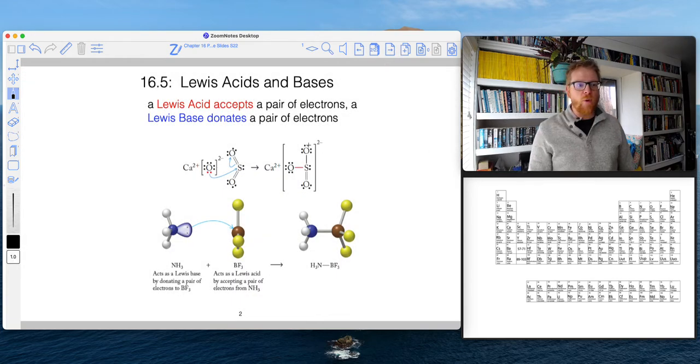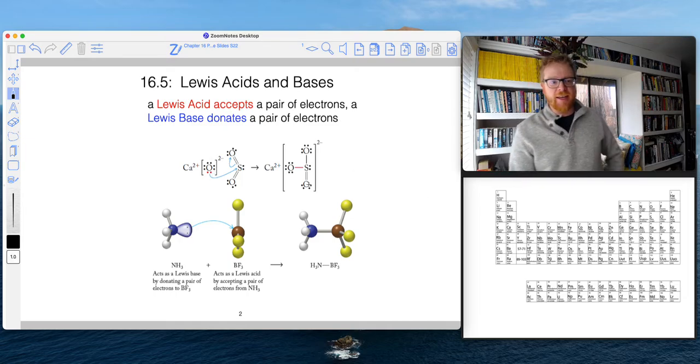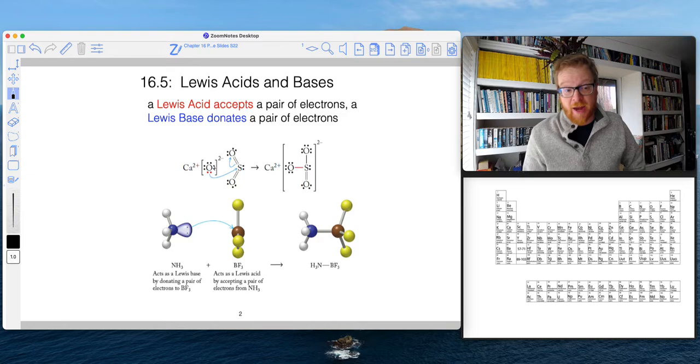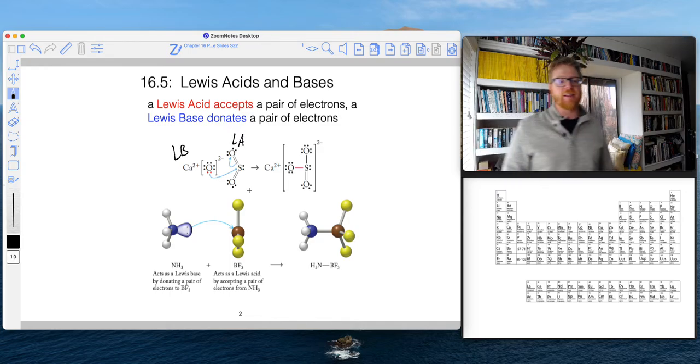So here now we're looking at calcium oxide and sulfur dioxide. Okay? And in this case, we can see the oxide has a large abundance of lone pairs. It's got a lot of lone pairs to give. So it's donating its lone pair to the central sulfur atom. So we can say this is the Lewis base, I'll say Lb. And then because this SO2 is accepting the electrons, it's the Lewis acid, the La.